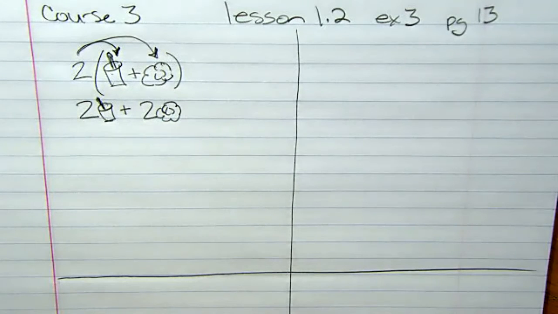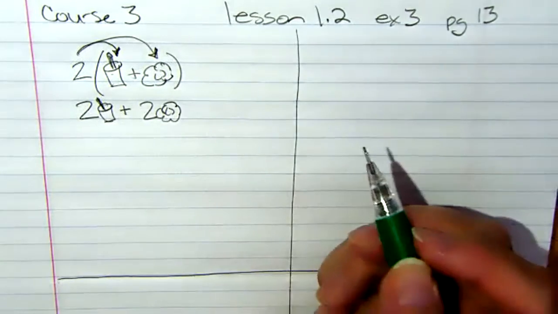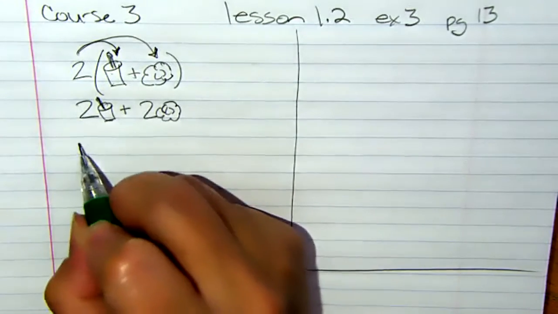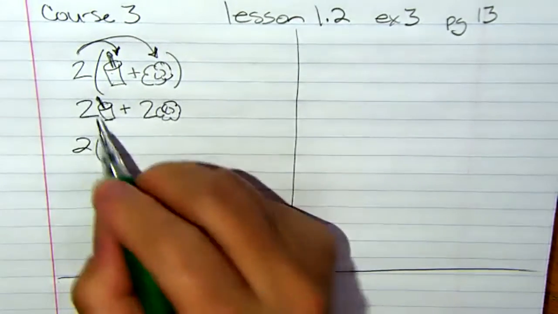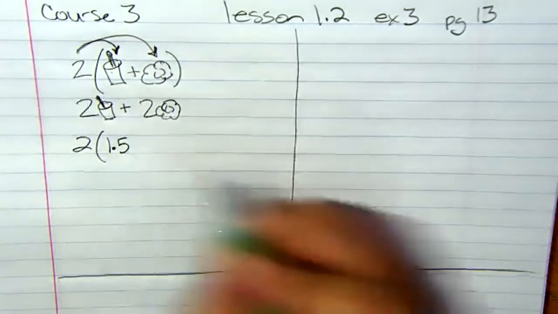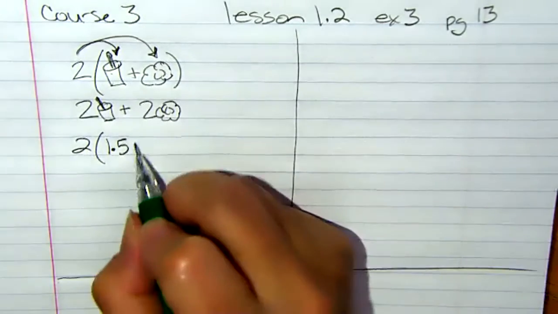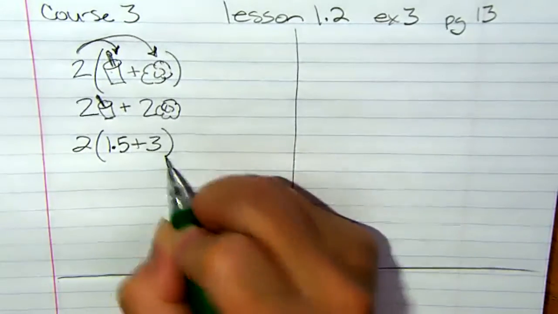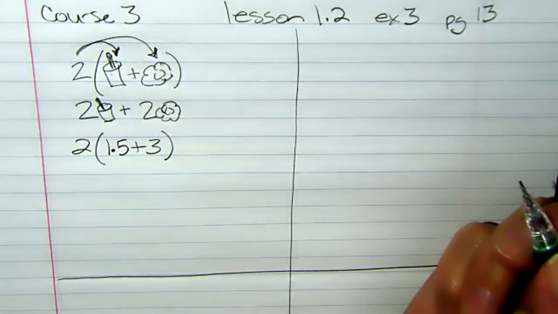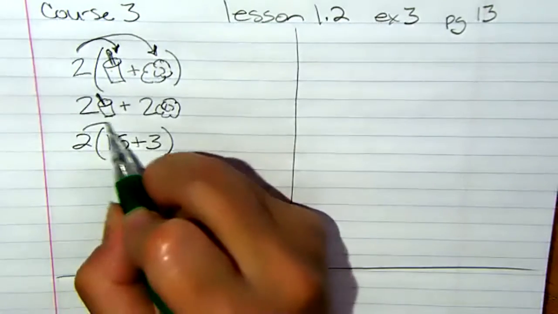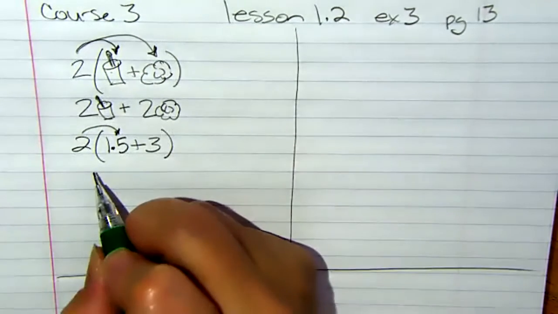And it's all cool when we're using pictures from movies, but math isn't always about pictures. Sometimes we use these funny things called numbers. So let's apply this to numbers. So 2 people go to the movies. Drinks are $1.50 and popcorn is $3. So 2 people are going to buy drinks.